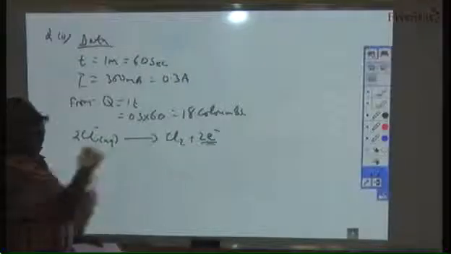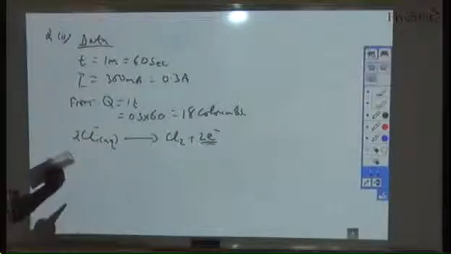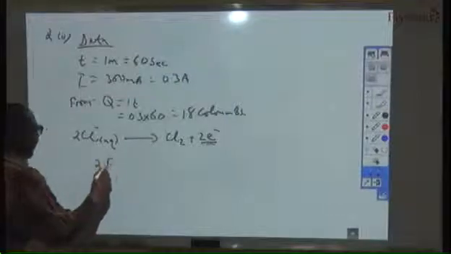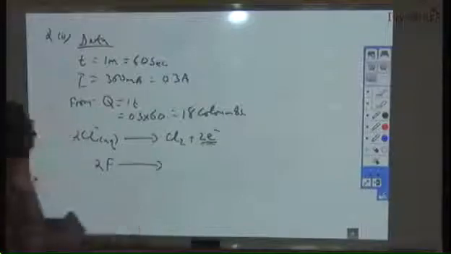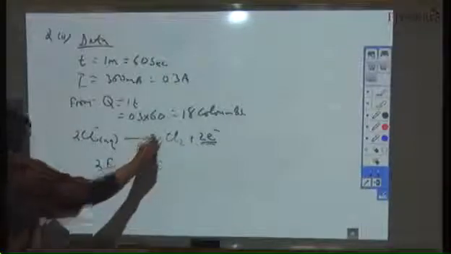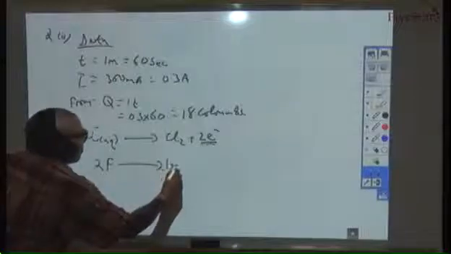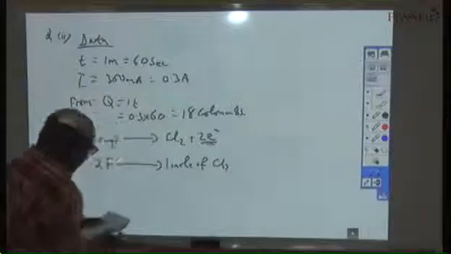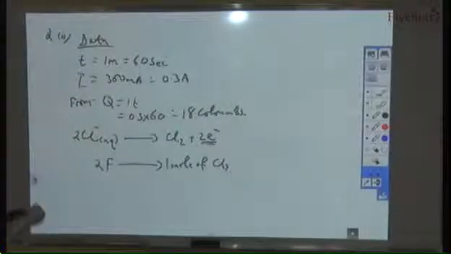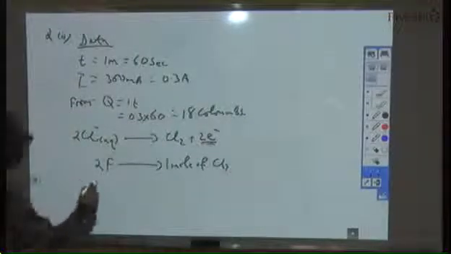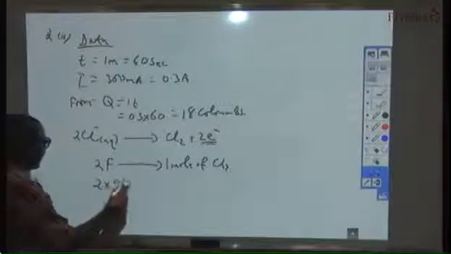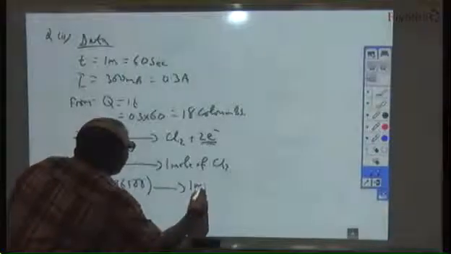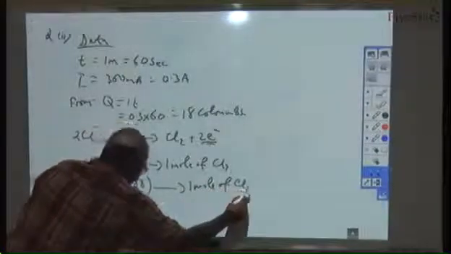Then, from this equation, 2 Faradays are required to produce 1 mole of chlorine. One Faraday carries 96,500 coulombs. So this one, 1 mole of chlorine.